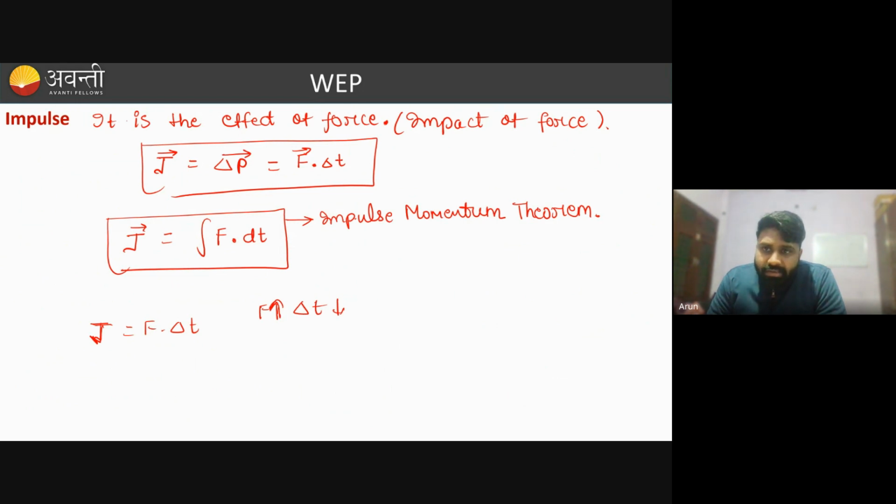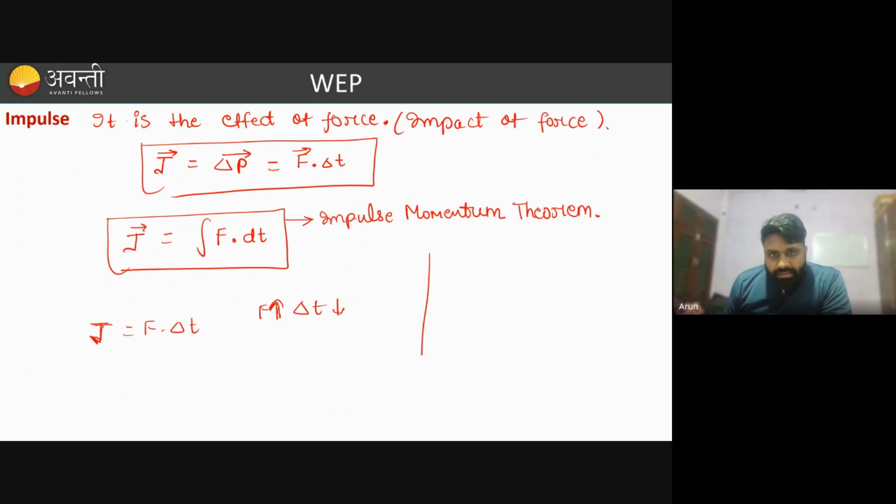That is seen when you hit the ball with a cricket bat. The contact is very small for a very small period of time, but the force that we have imparted on it is very large. That kind of force is called impact force.